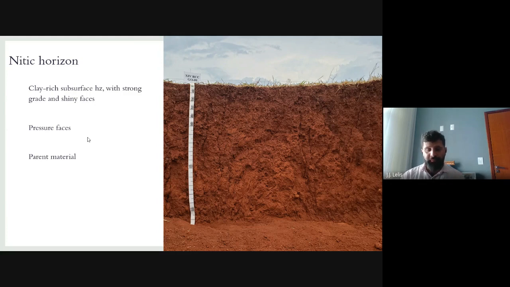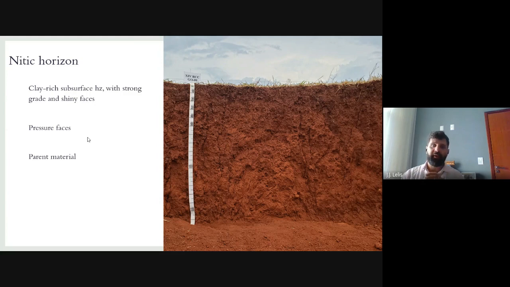During the wet season, when the material is expanding and increasing its volume, we can see the material being compressed between the aggregates. One aggregate is pressed against another, so this compression produces some shiny faces that we call pressure faces.